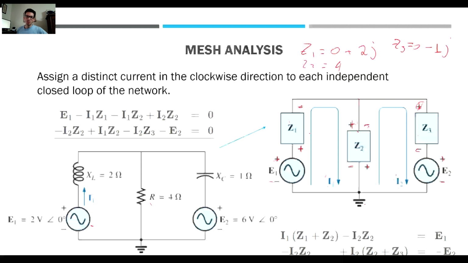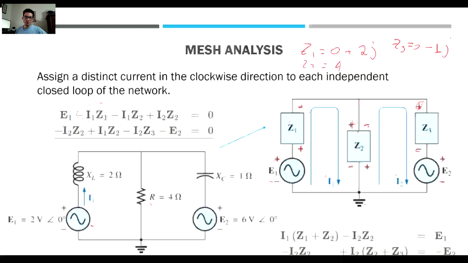Now, when we build the equations, we have to follow the mesh rotation. So E1 is going from negative to positive, therefore E1 is positive. Then we find load 1, and it's going from positive to negative, so it's negative the current 1 times the load 1, like so.